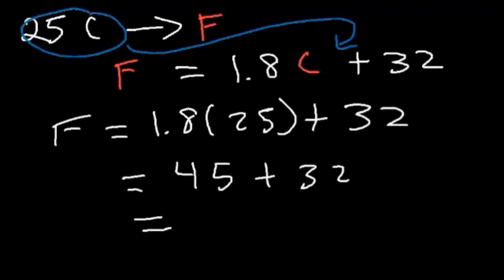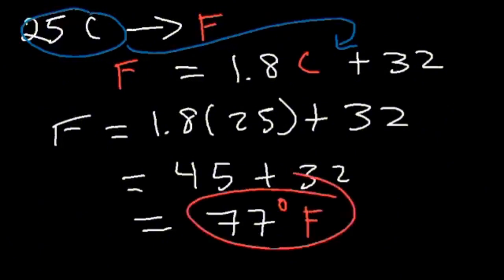And 45 plus 32 is 77. So the temperature is 77 degrees Fahrenheit. That's equal to 25 degrees Celsius, which is 298 Kelvin.